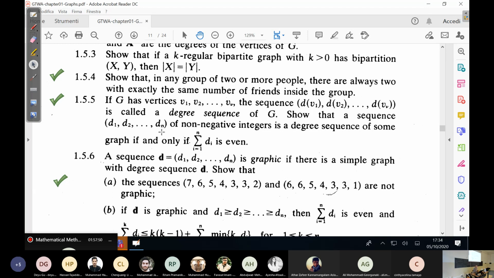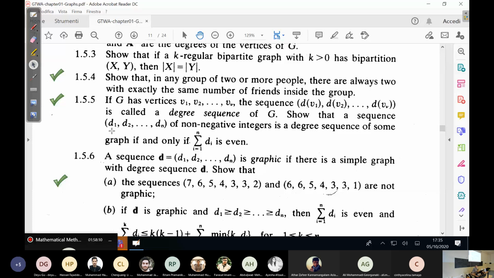On one side, we already have it, because if there is a graph with this degree sequence, then we know by a theorem that the sum of all degrees is twice the number of edges, so necessarily an even number.